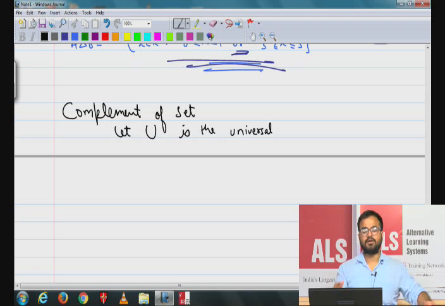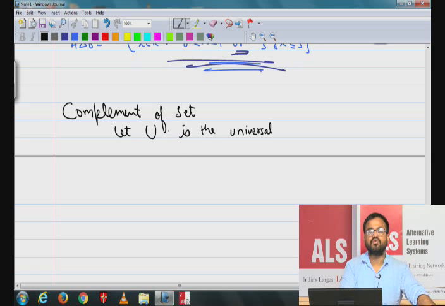The set which comprises all the given sets in the given context. Like if you are talking about the set of natural numbers, then N would be the universal set. If you are talking about the students of a particular class, then the universal set would be all the students of that school. So a collection of all sets in the given context is a universal set.